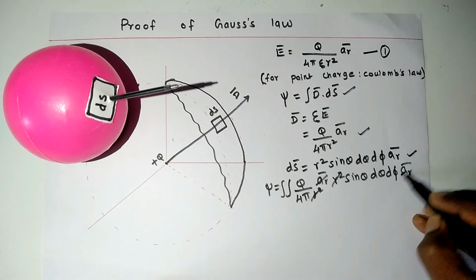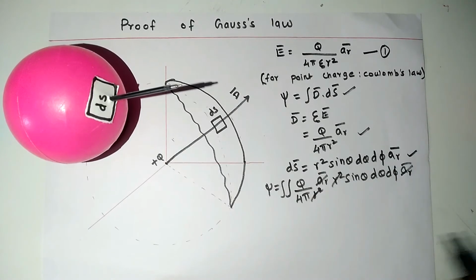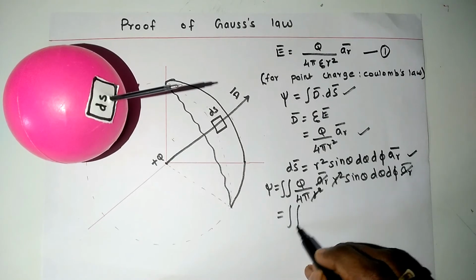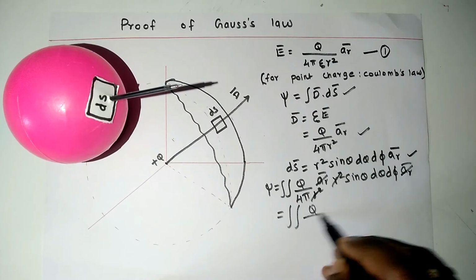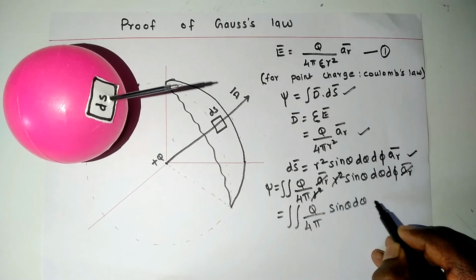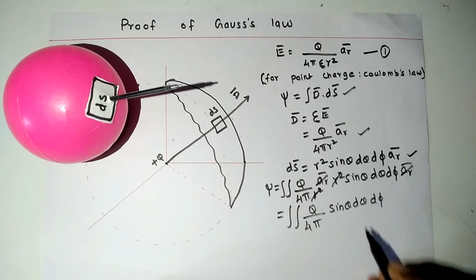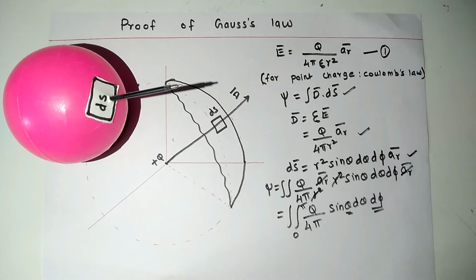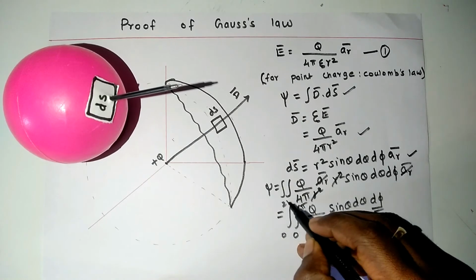Ar vector dot ar vector will be equal to 1. So we can rewrite this equation as double integral of Q by 4 pi sin theta d theta d phi. The limits for theta vary from 0 to pi. Phi varies from 0 to 2 pi.